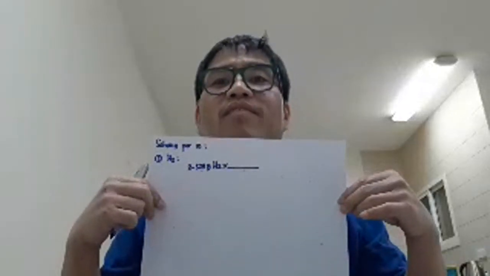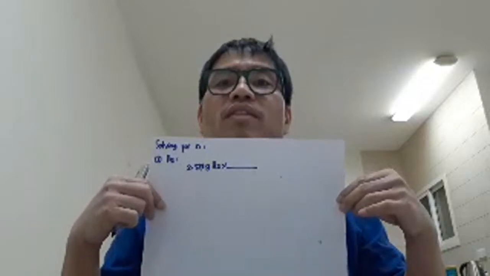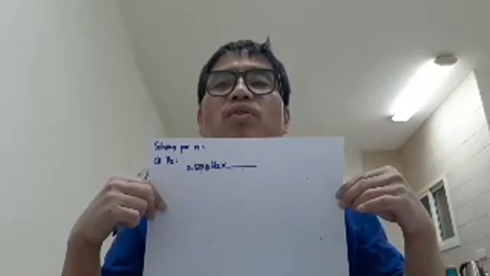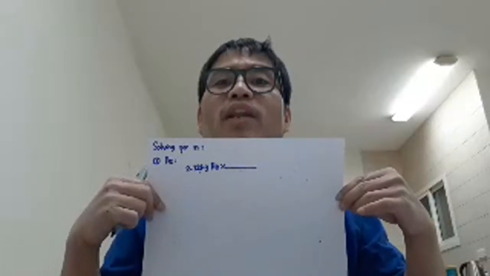Then with the relationship of H2 molar mass, or molecular weight, it's going to be the AMU, the atomic mass unit of hydrogen, or the atomic weight of hydrogen. I am saying atomic weight because it's a single element only. If it is molecules of two or more elements, that will be molecular weight.